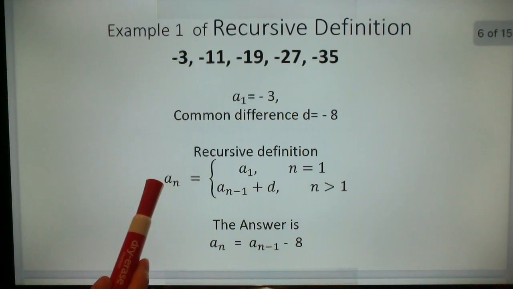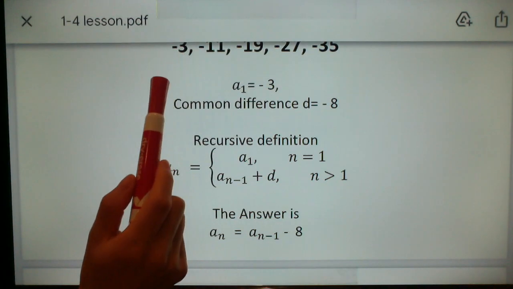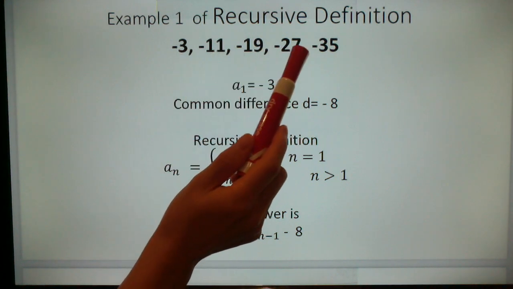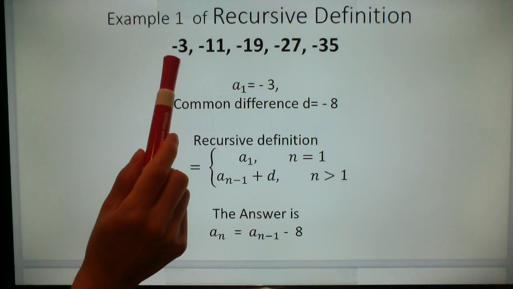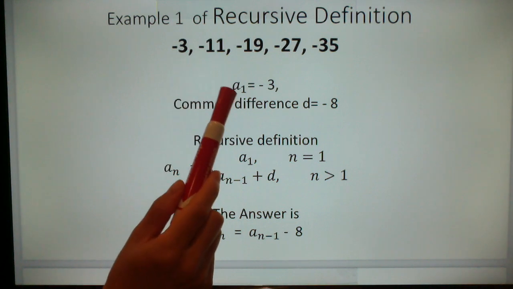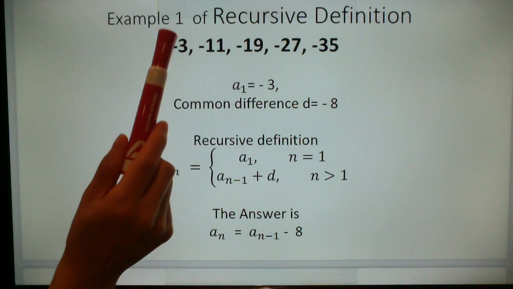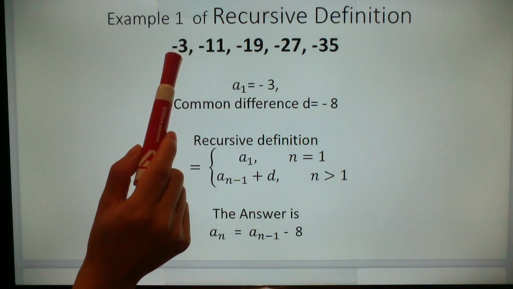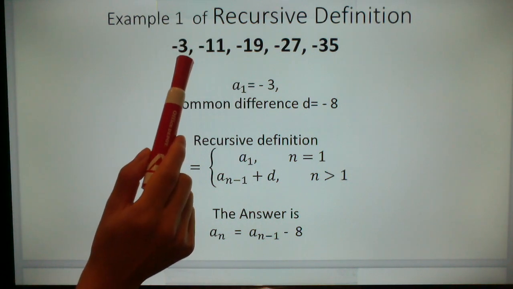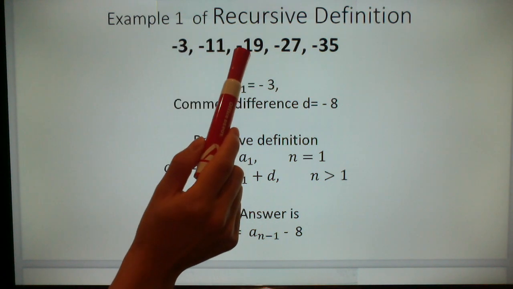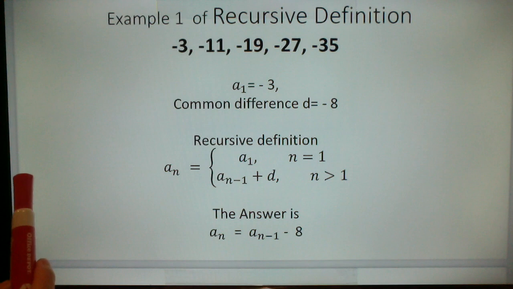Here is the example. So we have a sequence here. A1 is the very first one of the sequence. A1 is 8. So the common difference is, if you do negative 3 minus 8, negative 11, right? So the common difference is negative 8.